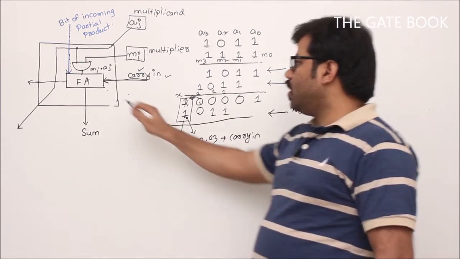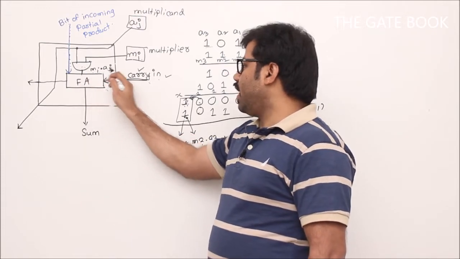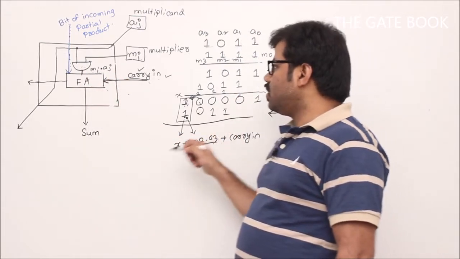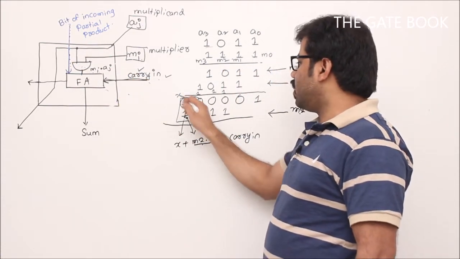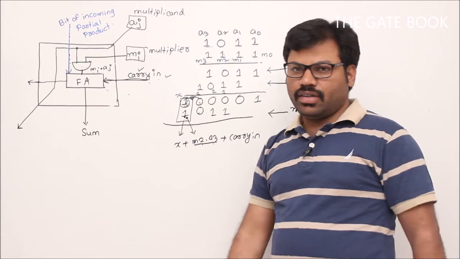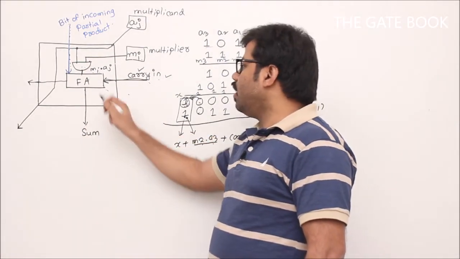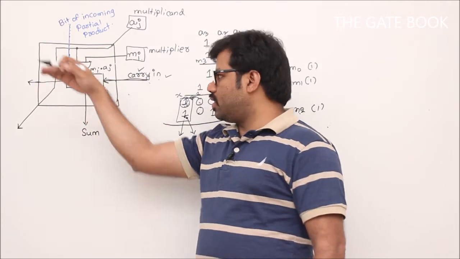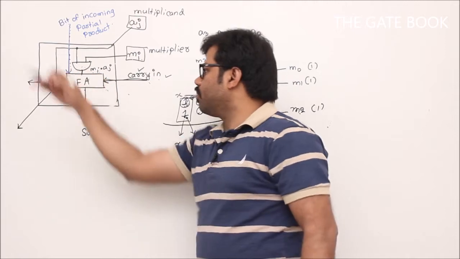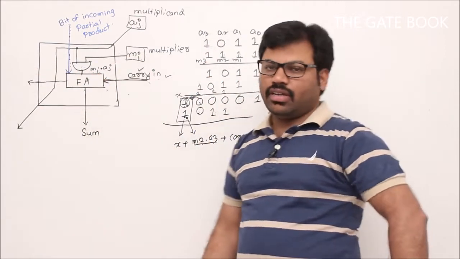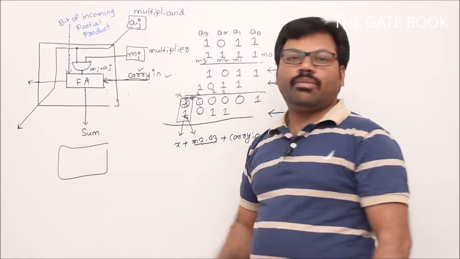Now see the circuit here also: carry in plus this is mi dot aj, like m2 dot a3, plus some bit of the incoming partial product. These three will be added. Once you do that, you will again get sum and carry. Carry will go to the right side, or left side, whatever, this side. Then the sum will come down, so that in the next level there will be another circuit of this kind. For that I am going to connect.